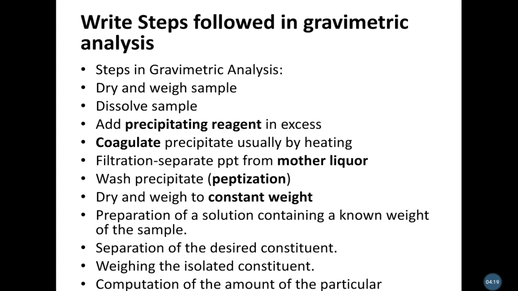Now the precipitating agent or reagent is added in excess, so that your precipitate is accurate and gives a good yield. Sometimes a precipitating agent may not be required, but whenever the requirement is there, you have to add it. Then coagulate the precipitate by heat, sonication or boiling.